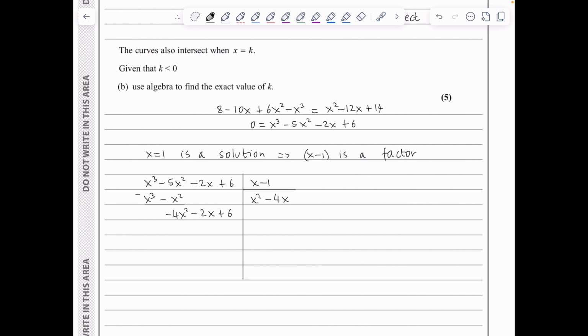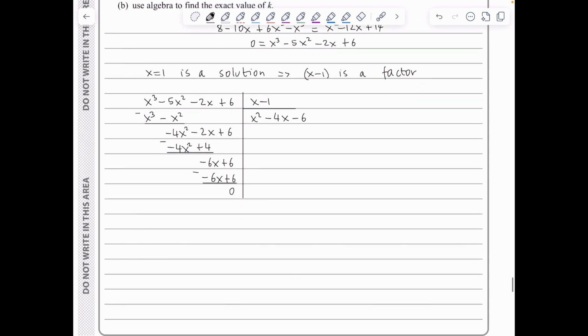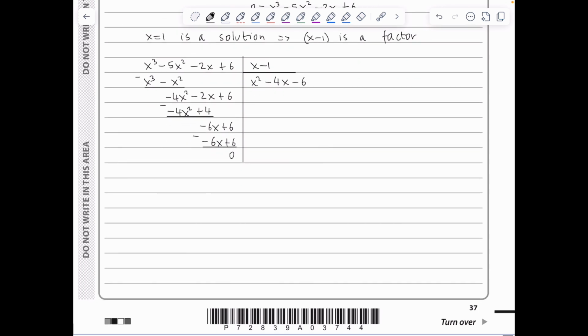Minus 4x leading to minus 4x squared plus 4x, and I deduct once more, leading to minus 6x plus 6. So I've got a minus 6 here, so we've got minus 6x plus 6, leaving me with a remainder of 0 as expected. So all in all, we have managed to factorize the cubic into the product of x minus 1 and x squared minus 4x minus 6.